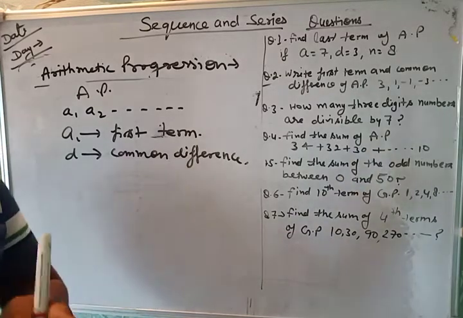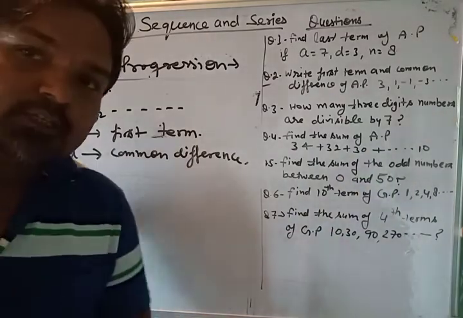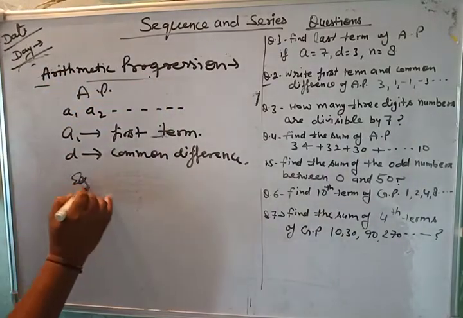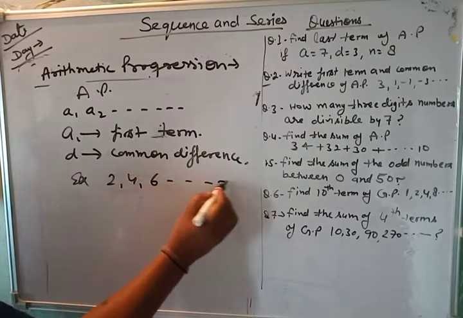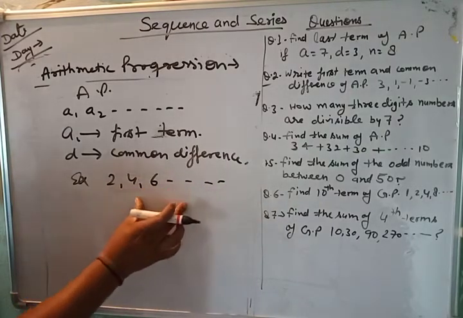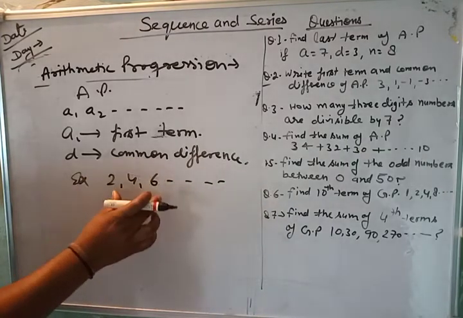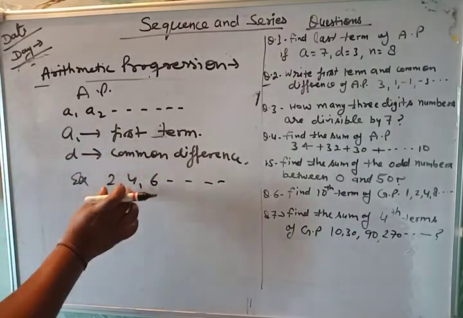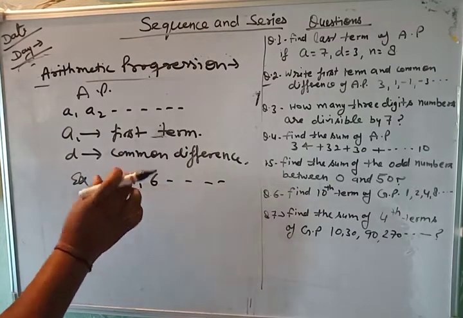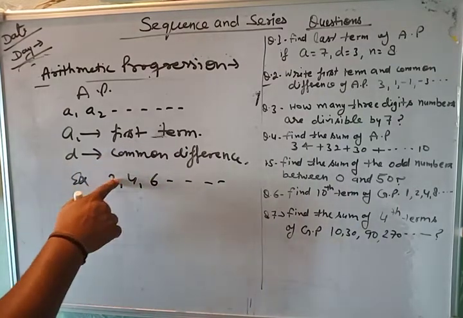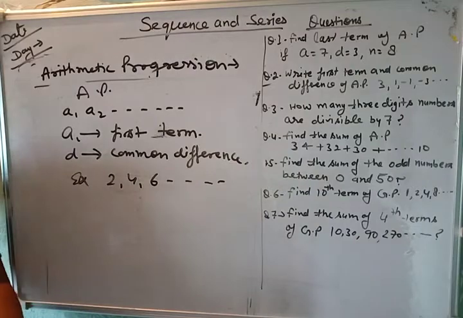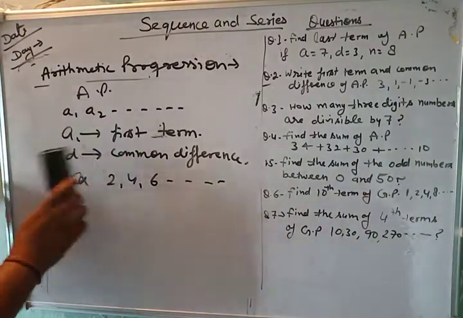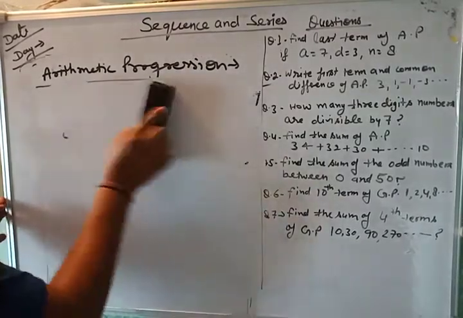Means उनके बीच में जो common difference होना चाहिए वो बिल्कुल इक्वल होना चाहिए हर उसमें. जैसे example 2, 4, 6, it is the multiples of 2 and the common difference between two consecutive numbers is the same. देखो यहाँ पे 2, 2, 2, 2 कॉमन डिफरेंस दो, सब में सेम हो गया. तो it is called arithmetic progression.